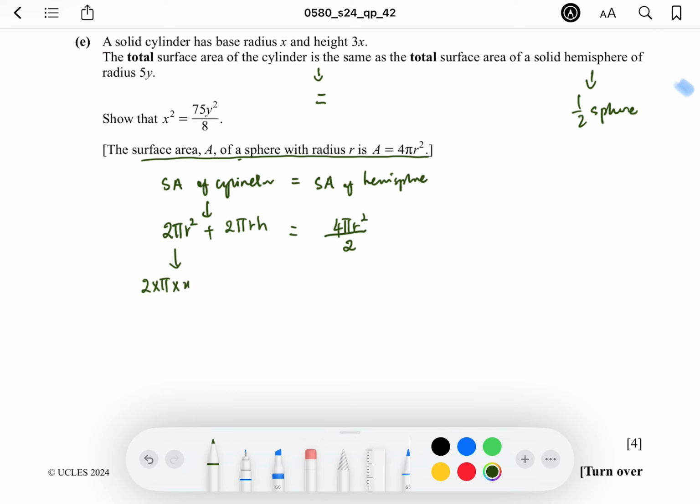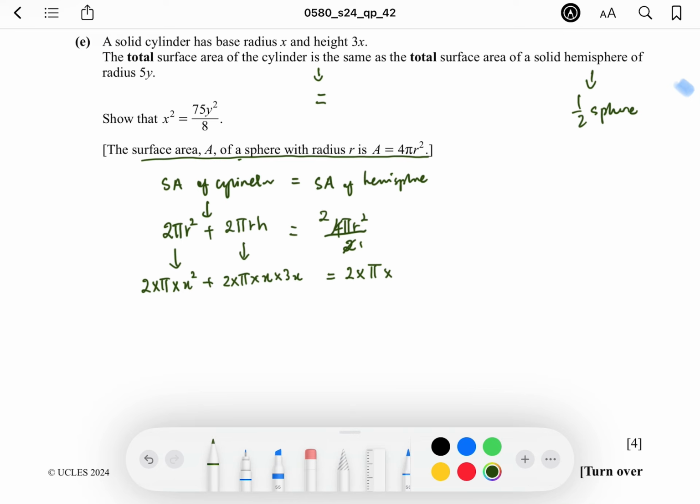x square plus 2 times pi times x times 3x equals to, okay, this one kita simplify lah jangan susah diri. Okay, 2 pi r square. So 2 times pi times x square.